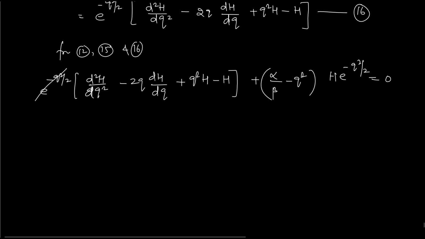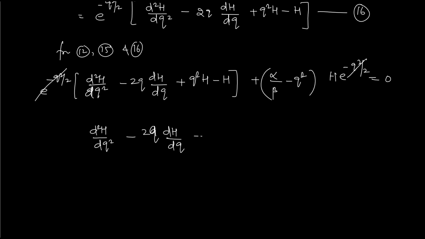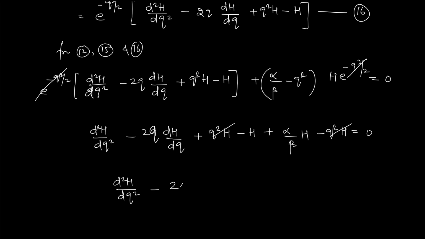So this will cancel out here. So we are left with d2h by dq2 minus 2q dh by dq plus q square h minus h plus alpha by beta h minus q square h, is equal to 0. This term cancels out. d2h by dq2 minus 2q dh by dq plus alpha by beta minus 1 h is equal to 0.